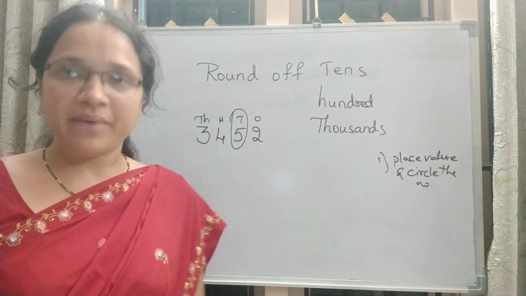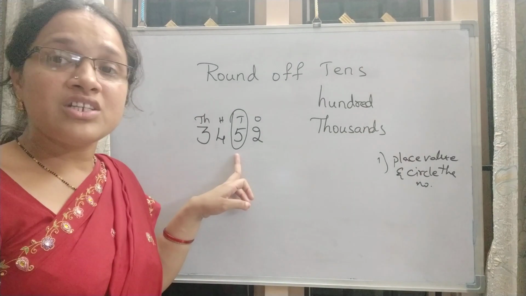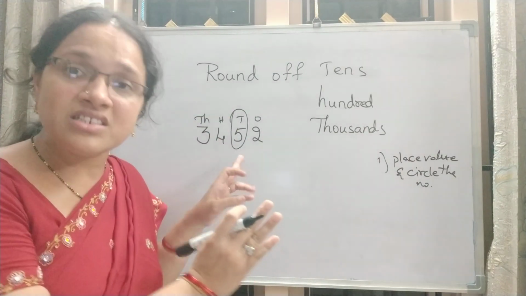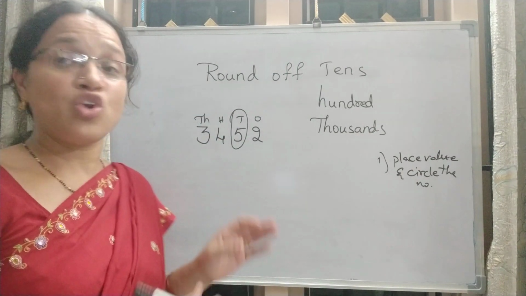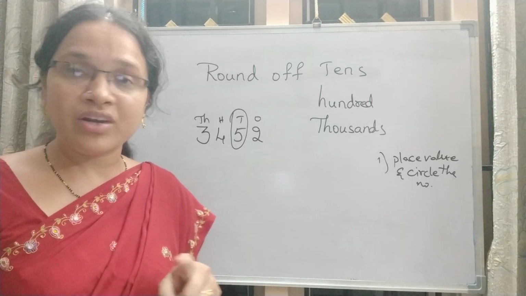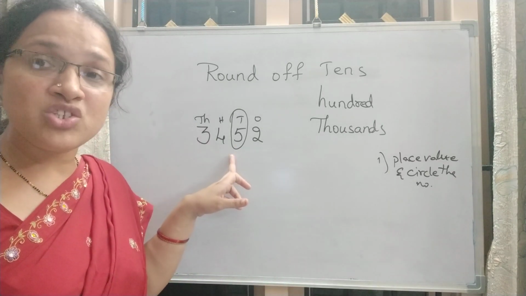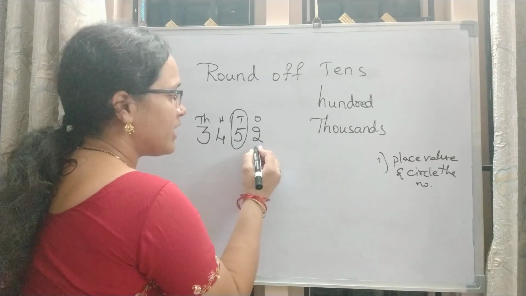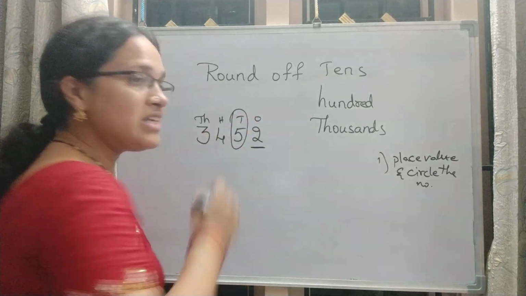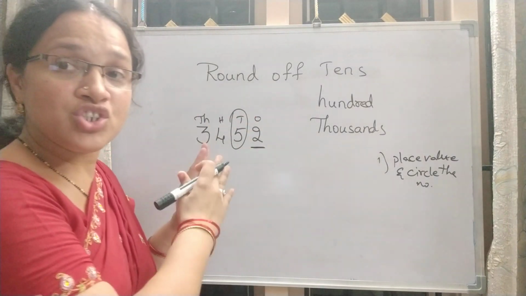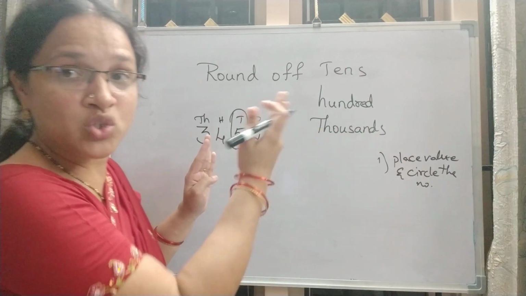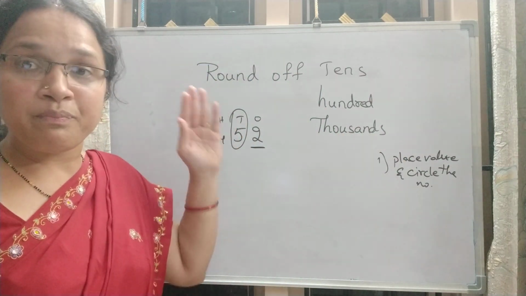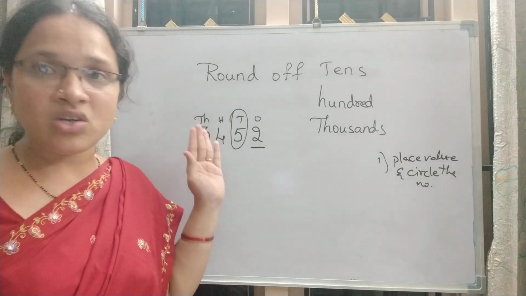Your second step is to check the next smallest place value, not the biggest, children. Listen carefully. You should always check towards your right, not towards your left, because the left place values are all in increasing order.